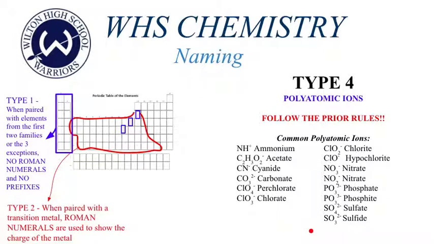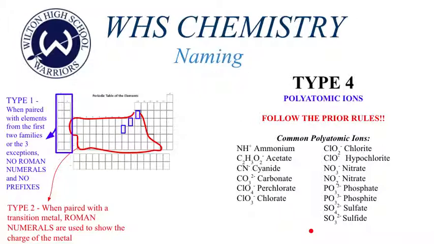Next we have type 4. Type 4 are polyatomic ions. Depending on which chemistry class you're in, you might have to know these on your own, like memorize them, or you might be given a sheet of these for a test or a quiz.